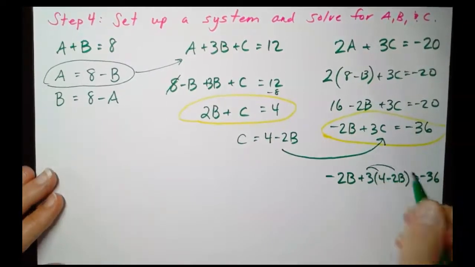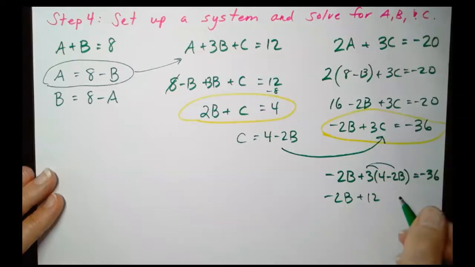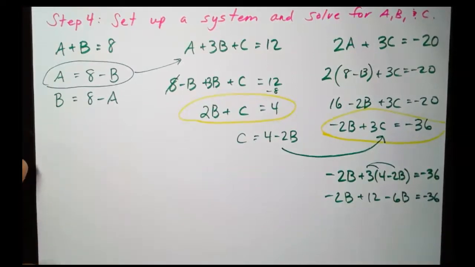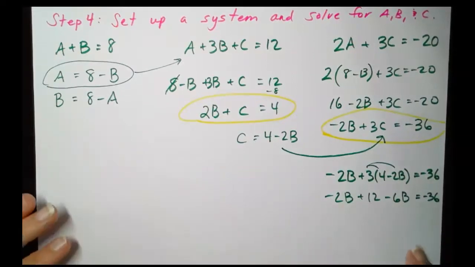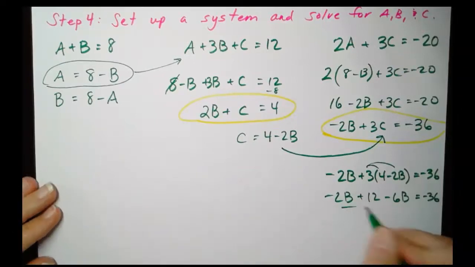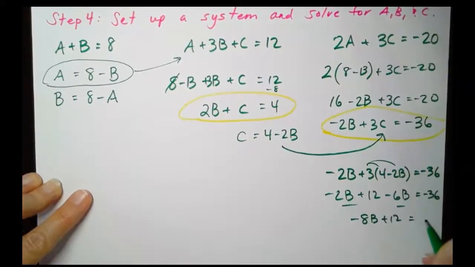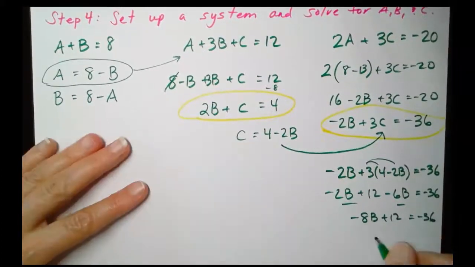Keep going, use the distributive property. Negative 2B plus 12 minus 6B equals negative 36. Try to pay as close attention as you can to signs because you don't want to make that careless mistake. Combine like terms, that's negative 8B plus 12 equals negative 36.